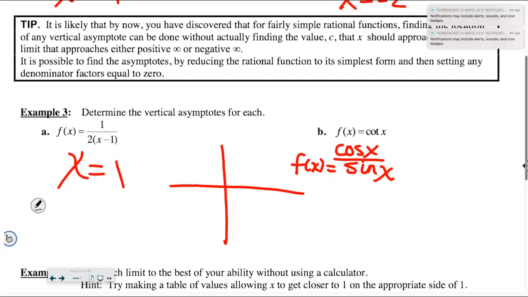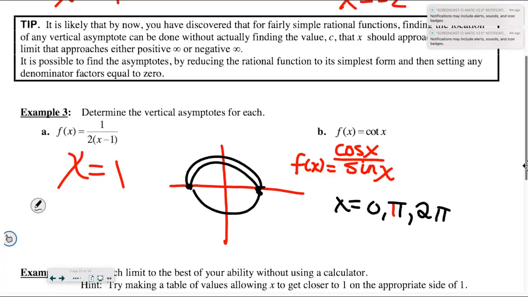So x equals 0 would give me 1, and then pi, and then 2 pi, and then another half turn to 3 pi, 4 pi, 5 pi, 6 pi. It's going to cycle, so a lot of times you'll see it x equals n pi. And then it might say where n equals 0, 1, 2, 3, or n's an element of the whole numbers, that kind of stuff. But that guy has a lot of them.